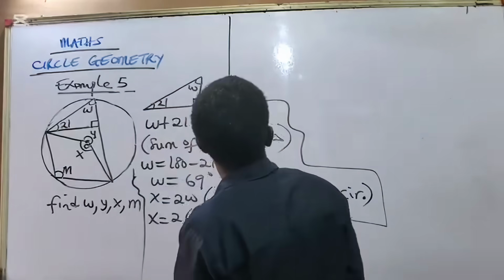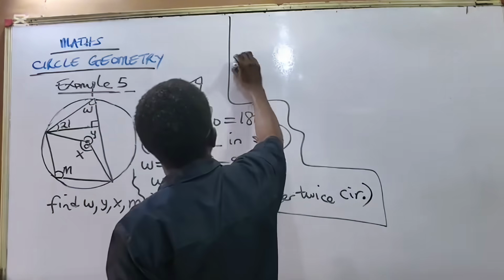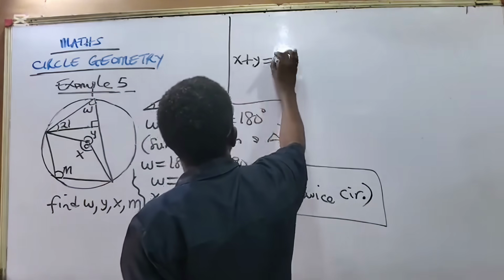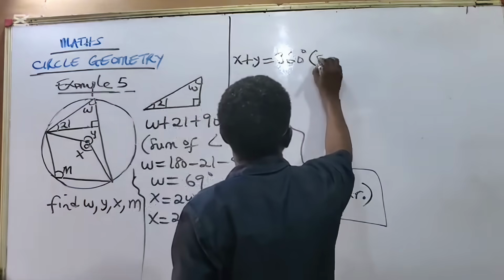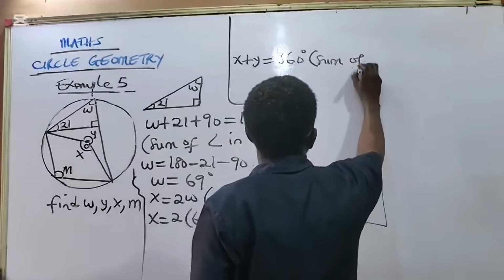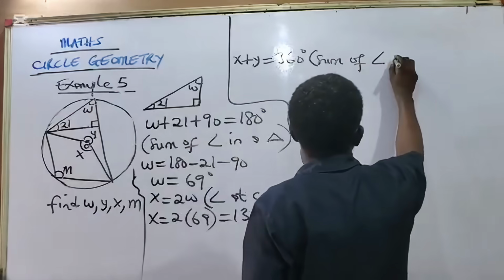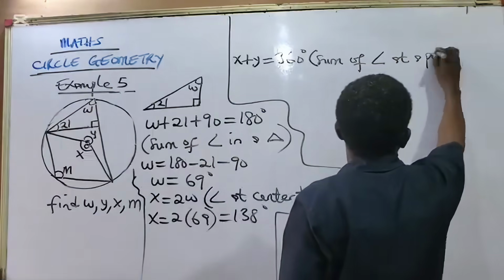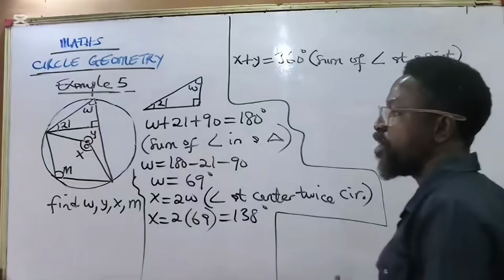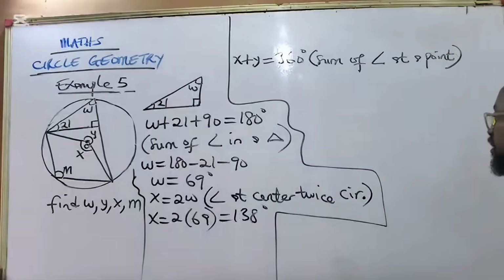So then X plus Y equal to 360 degrees, the sum of angles at a point. Sum of angles at the point sum up to what? 360 degrees.